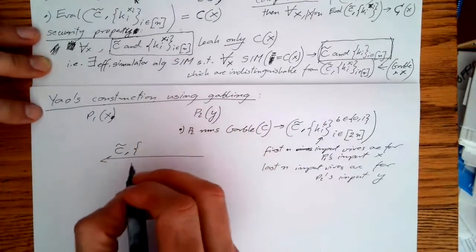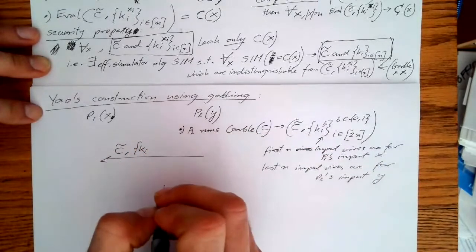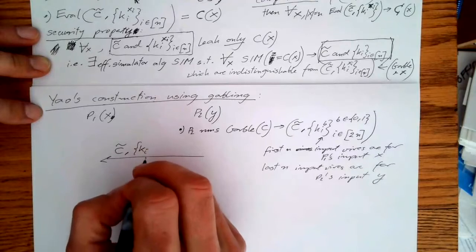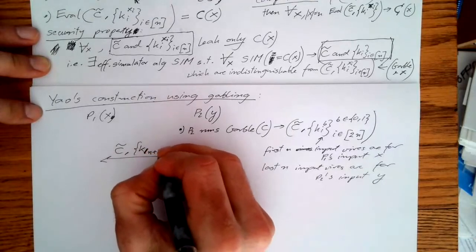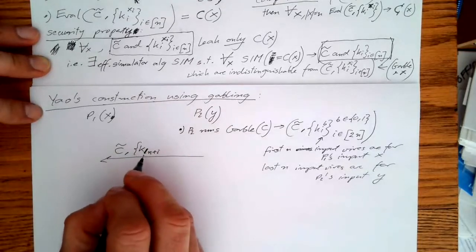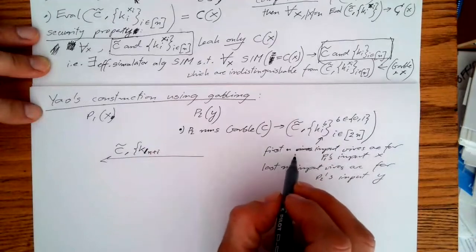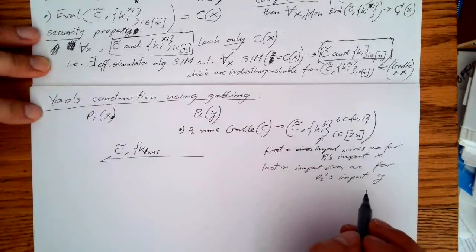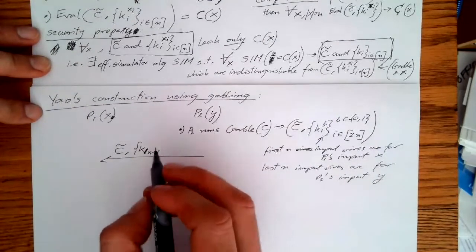And so what P2 will do is send the keys that correspond to his input bits, which I guess I can index like this. It's a key on wire n plus i, because the first n are for P1, and the last n are for P2, so they go from n plus 1, n plus 2, all the way to 2n.